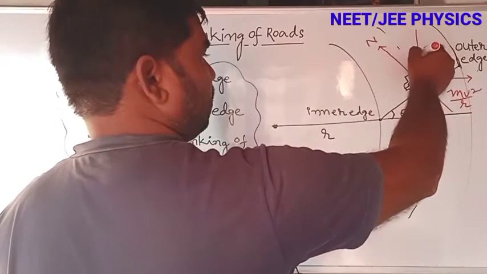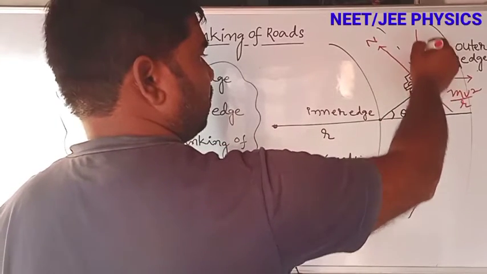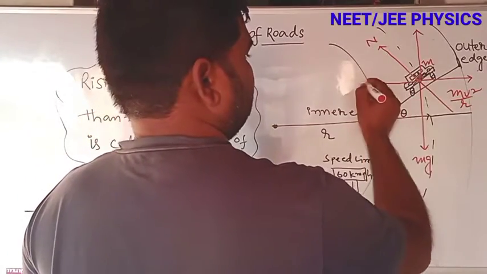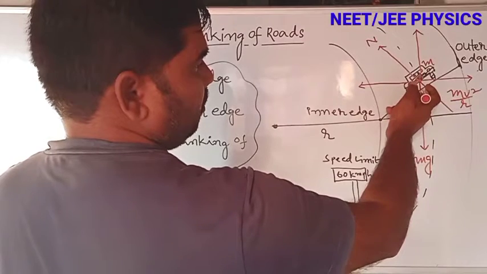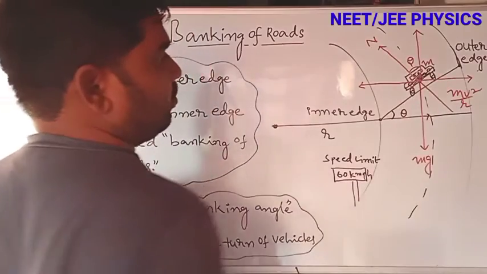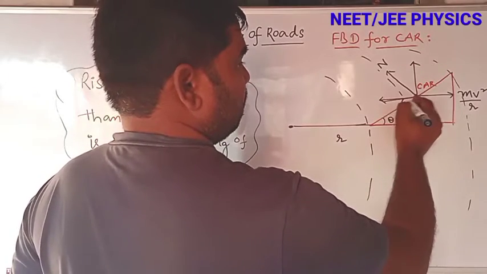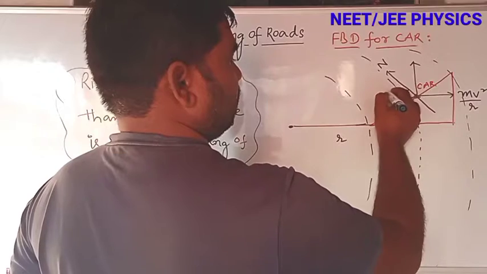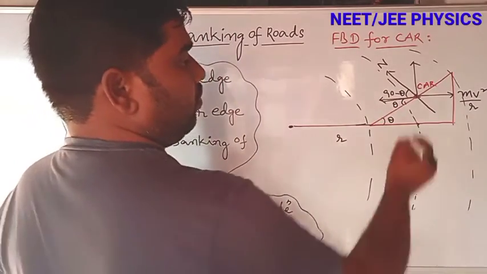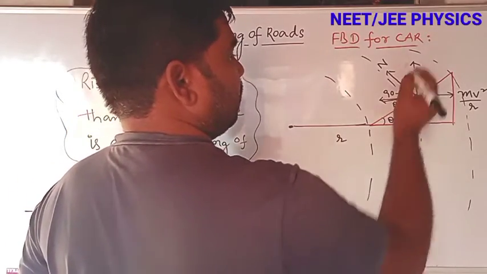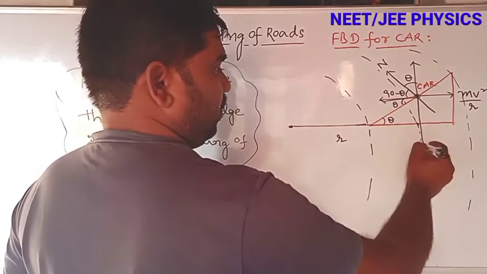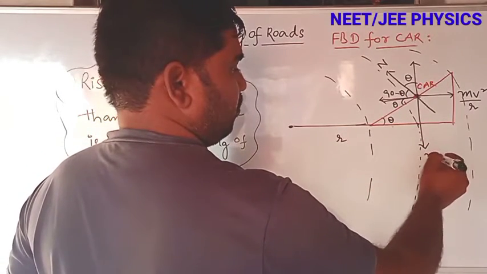Now I am going to resolve the normal into two components, one horizontal and another vertical. This is theta, and this is 90 minus theta. This is a free body diagram for the car on a circular track. Weight is acting downward, mg.